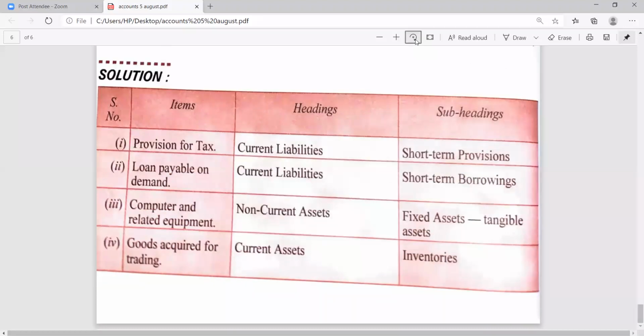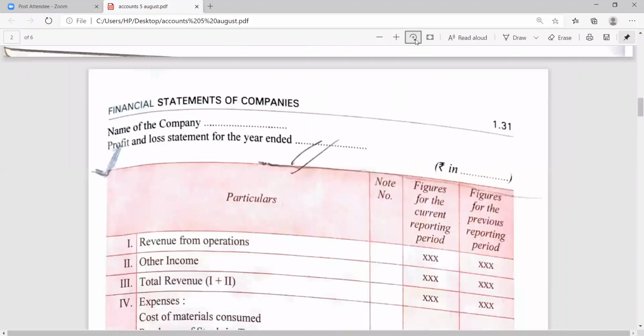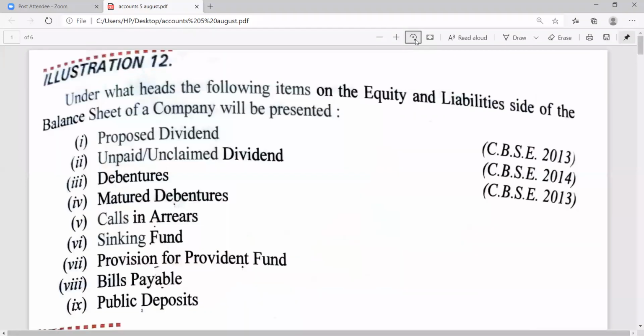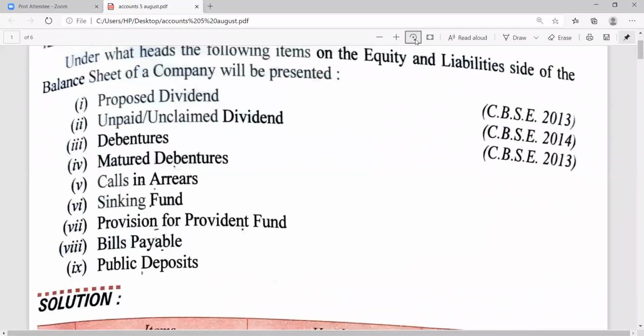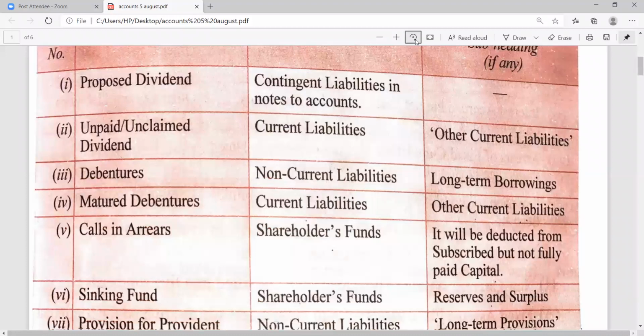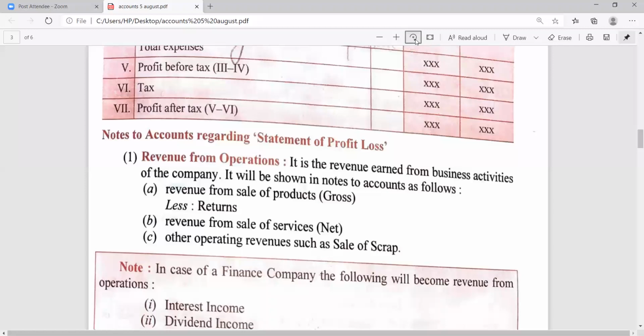Let's recall what we have done today. We have finished the chapter. First of all, we did the example related to the topic that we did yesterday, and you find this question in CBSE 2013-14. This type of question you always find in CBSE: what are the major headings and subheadings. After that, we did the format of the statement of profit and loss, in which it should be clear how the revenue from operations and other income are to be shown. A complete format is to be learned by you.